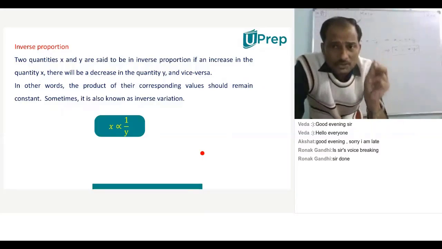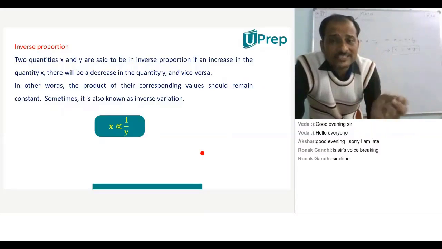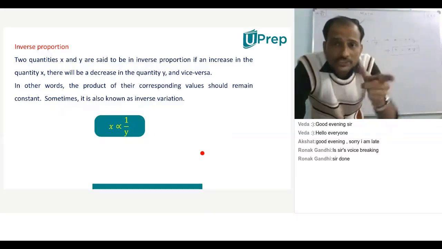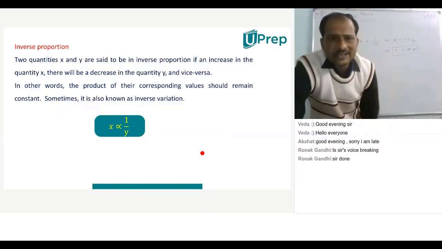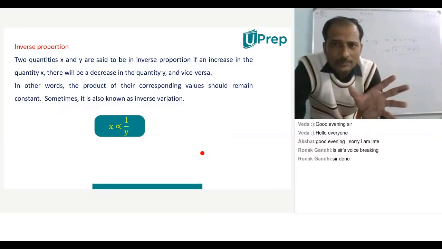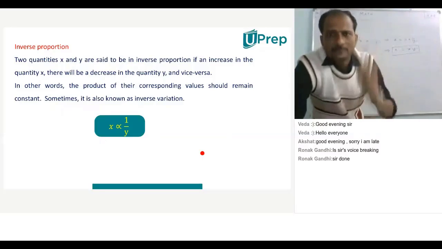If the value of the proportionality constant is the quotient of the two quantities, then the quantities are said to be in direct proportion. Okay?